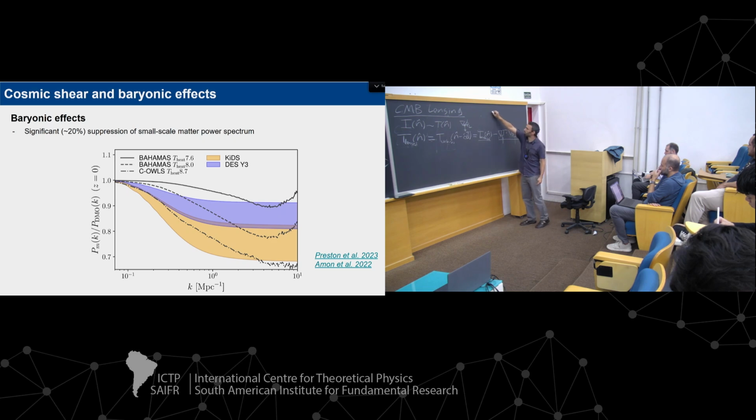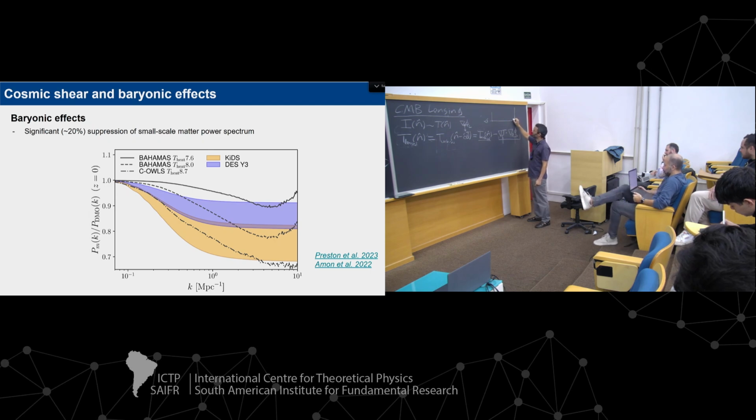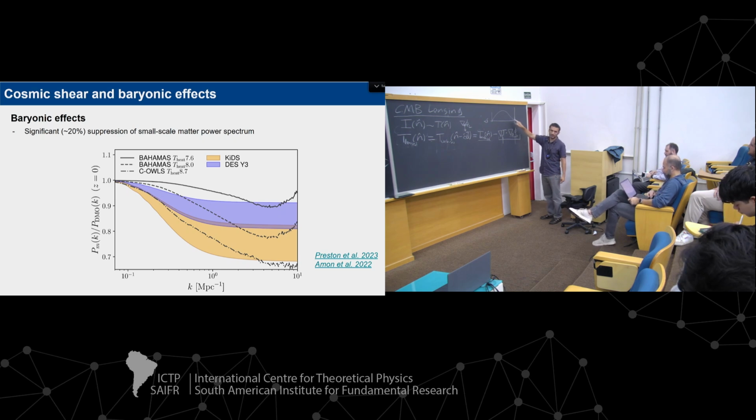The other way to think about that, which I think is maybe a bit easier to understand, is we have two effects along the line of sight. We have the temperature fluctuations, which basically come mostly from the redshift of recombination, z LSS. And then we have the lensing effect, which is all the way along the line of sight from that. For the most part, these two are not really correlated with one another. So you could think of this as some kind of screen that is in between you and the last scattering surface, that is completely uncorrelated with the temperature fluctuations.